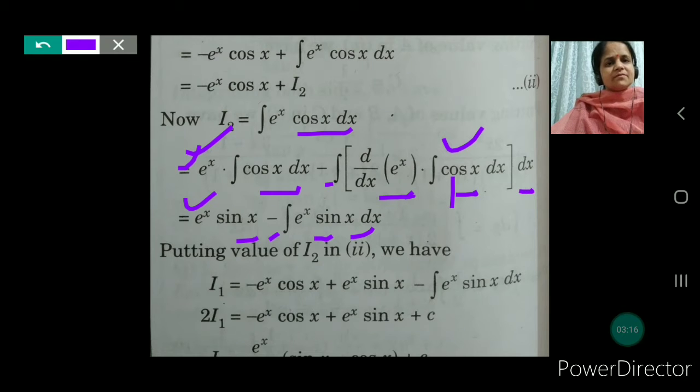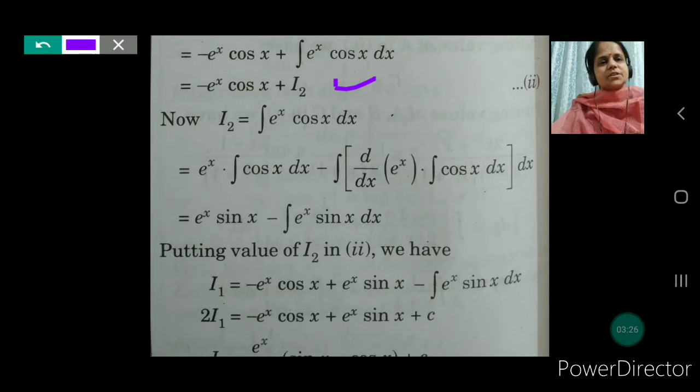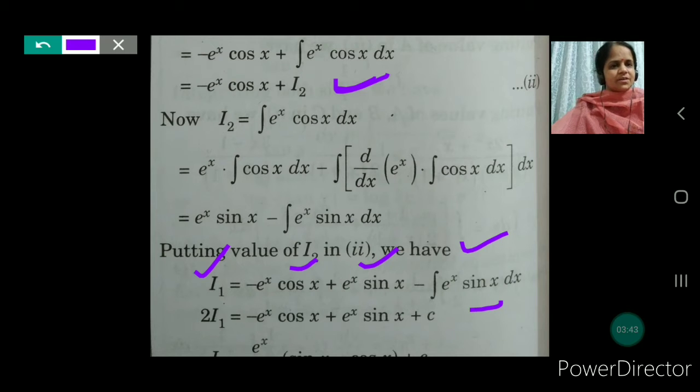Now putting the value of I2 in equation 2, students. When you put the value of I2 in equation 2, you will get I1 = minus e^x cos x plus e^x sin x, then minus integration of e^x sin x dx. Here you see that it is also I1, students.